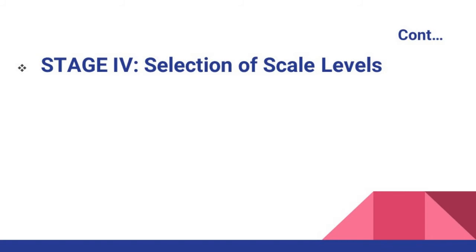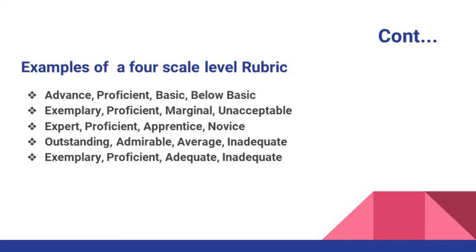Many academicians suggest using an even number of scale levels in order to avoid the tendency to rate at the middle level. An example of an even number or 4 scale level rubric is advanced, proficient, basic, below basic.